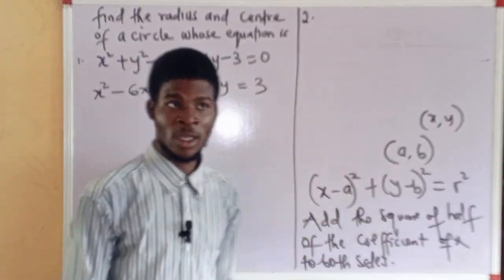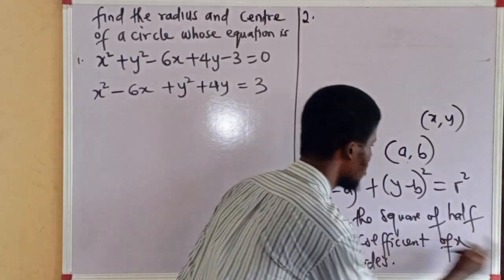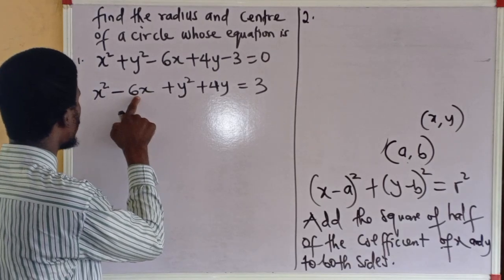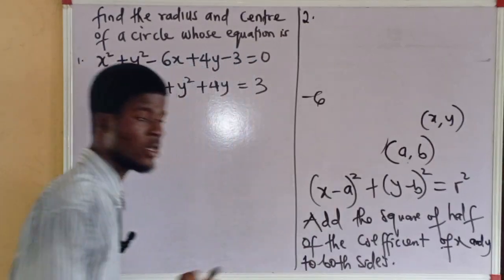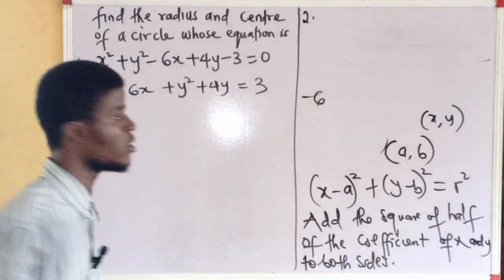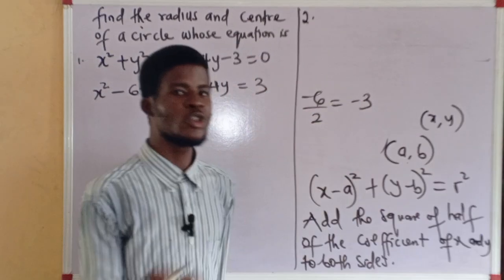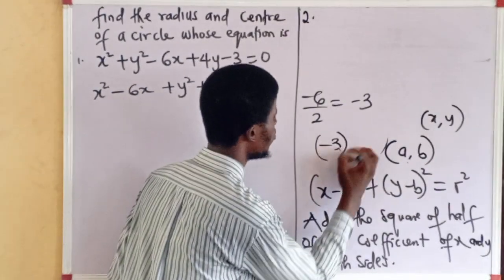It is not only for x. I'm going to do that for both x and y. Let me say coefficient of x and y. Now, the coefficient of x here is minus 6. So what is half of it? Half of it is equal to minus 3. So the square of half of it is minus 3 all squared.